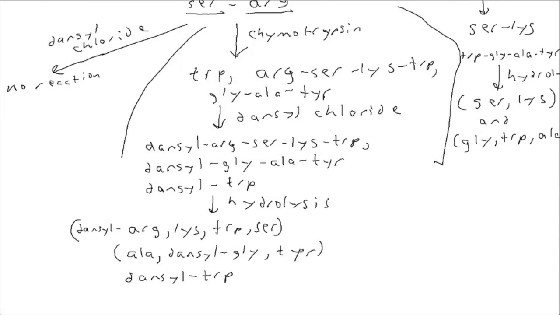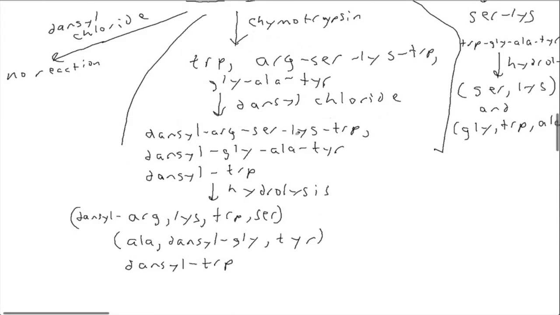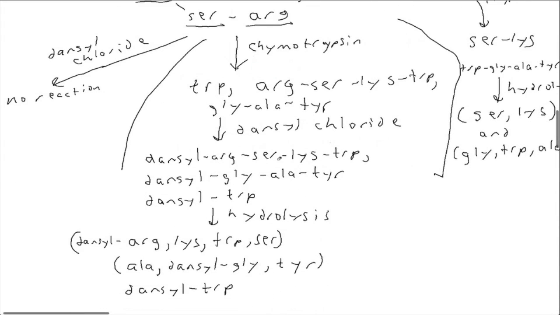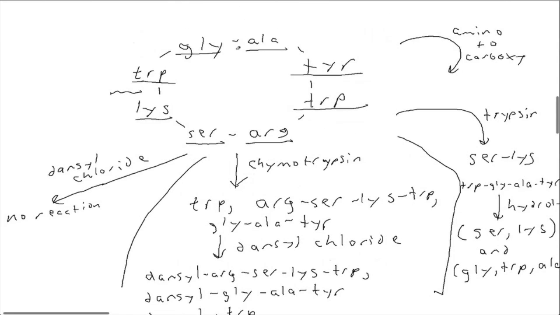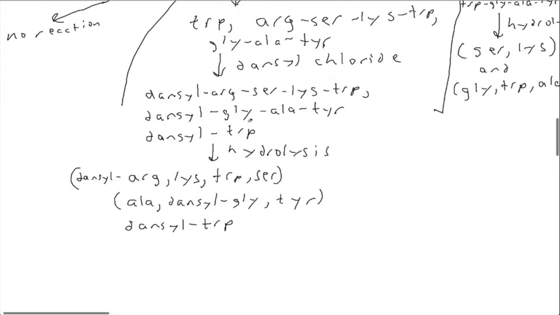So, you can still apply Dansyl chloride after you use chymotrypsin. And what will the Dansyl chloride tell you? It'll tell you what the N-terminus was of that fragment. You can't find the N-terminus of the octapeptide because it doesn't have one, but you can still find the N-terminus of each fragment using Dansyl chloride.